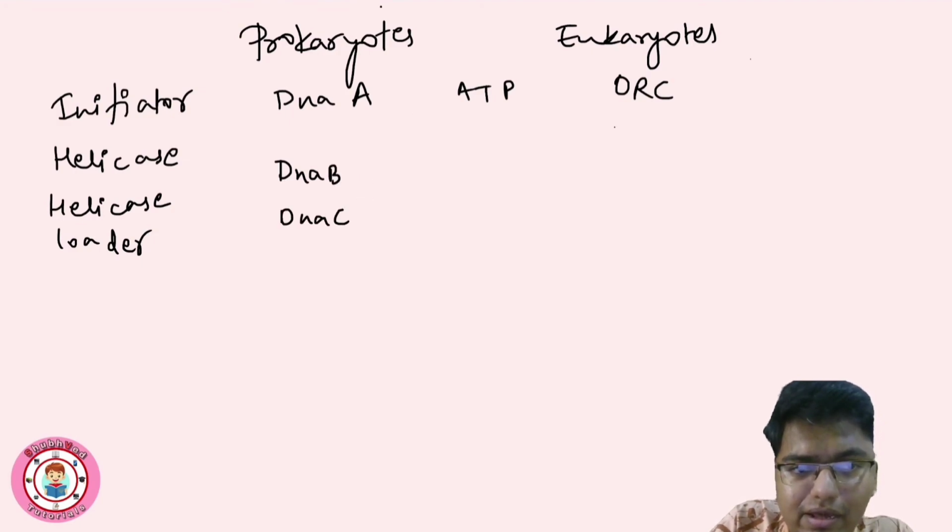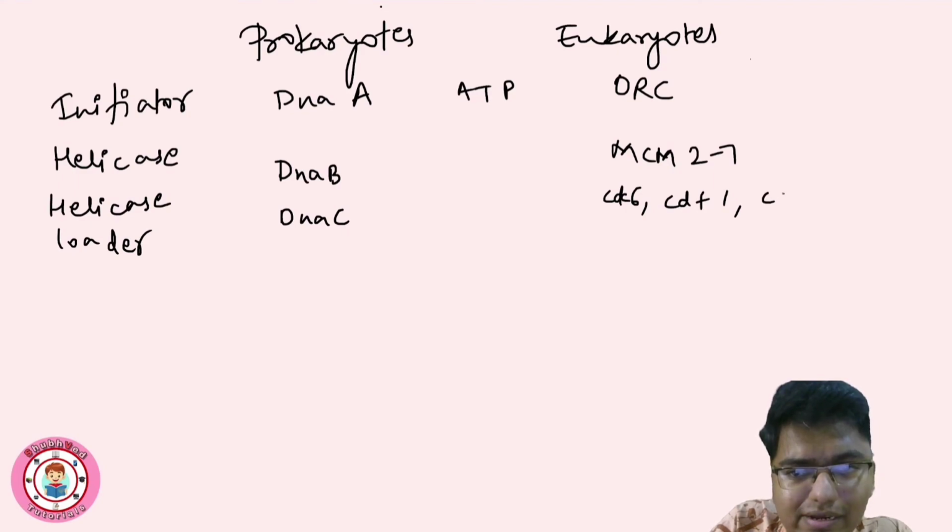Here the helicase is the MCM complex 2 to 7, and other proteins: CDC6, CDT1, then what else? CDC45. All these work for loading and activation.